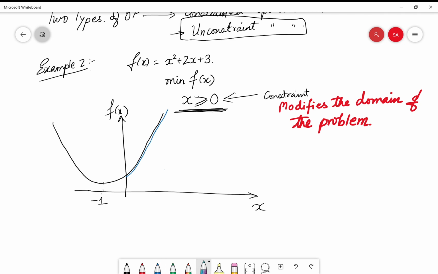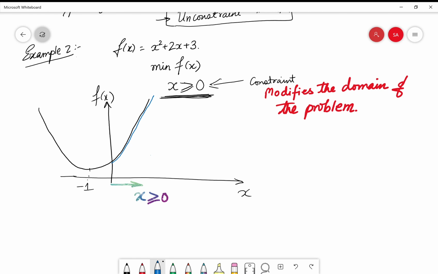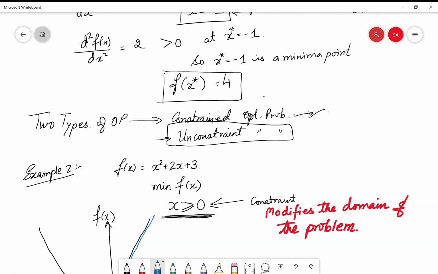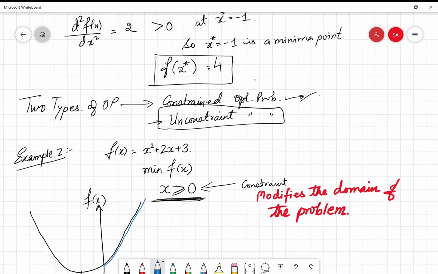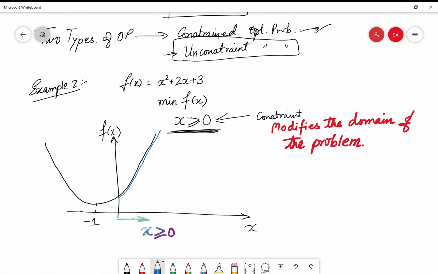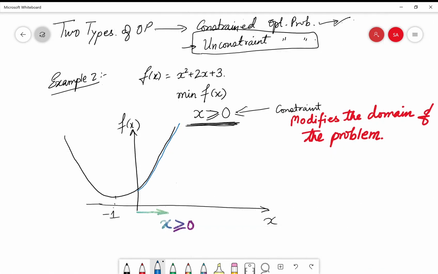My function is valid only in this domain, x greater than or equal to 0. Now how do you solve such kinds of problems? We cannot solve it using our theory of just figuring out the derivative equal to 0 and then solving it. We require some more methods to solve such kinds of problems.